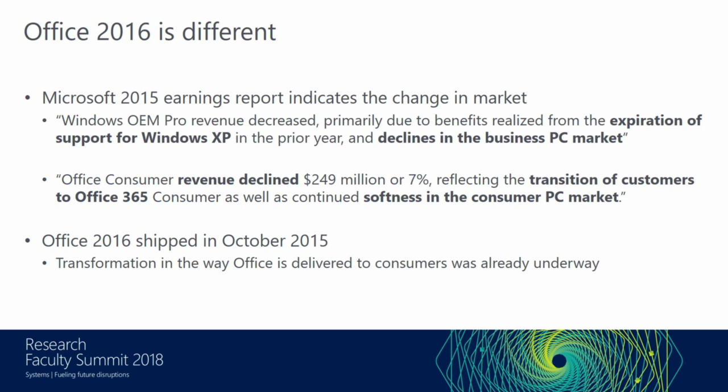Windows declined, we saw the decline in earnings from Office, and also our customers were transitioning to O365, which is our subscription service. In October 2015, that's when we shipped Office 2016, sorry. And this is when we already knew these things were happening, and this is where we started to integrate some of the continuous deployment and delivery practices that we just heard about. So not too long ago.